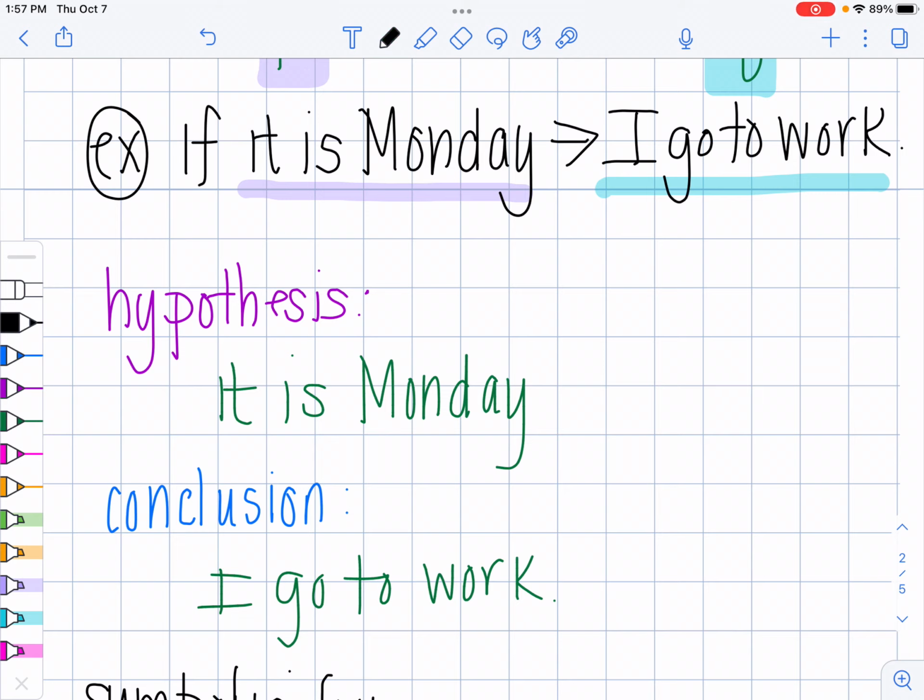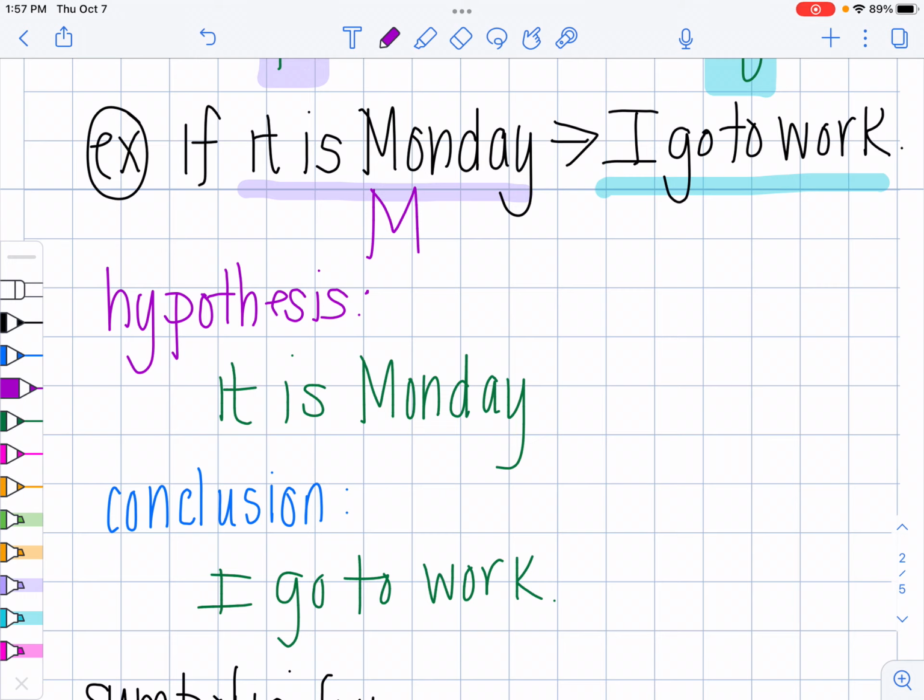When we're abbreviating, we said that the hypothesis is usually represented by the letter P, and the conclusion is usually represented by the letter Q. Sometimes it's easier, though, to use your own letters, and that's what I like to do, because it helps me remember what my statements were. I like to pick the main idea or the main word in each statement. For this one that says, it is Monday, I would pick M for Monday.